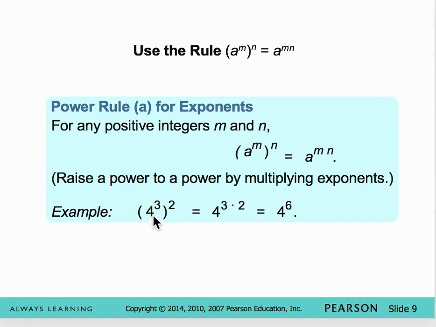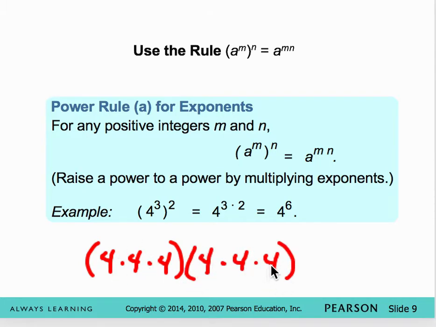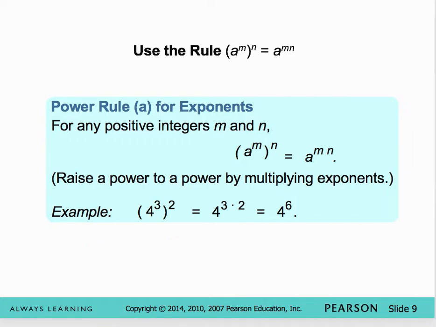Think about what this means. This is 4 cubed because really that means, oh, that's 4 times 4 times 4. But then if I want to square this, notice how many I wind up with. 1, 2, 3, 4, 5, 6. Same thing as 3 times 2.